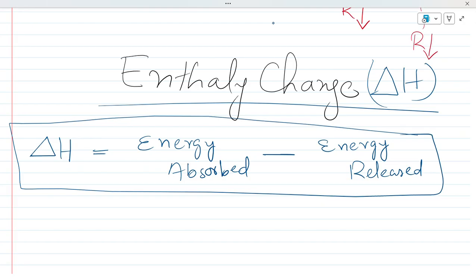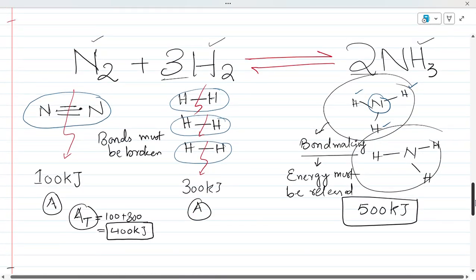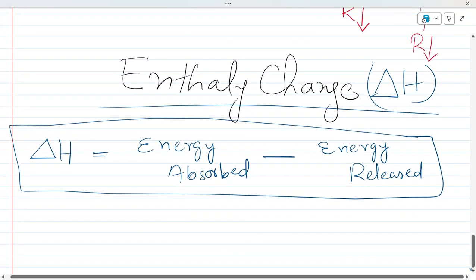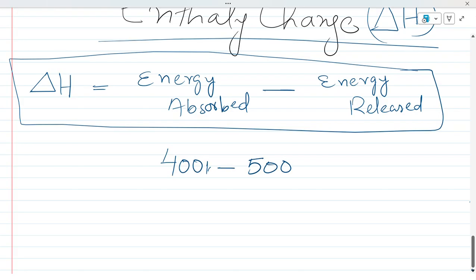So for example, for the ammonia reaction that we discussed, the energy absorbed value is 400 kilojoules and the energy released is 500 kilojoules. So let's use these values: 400 minus 500 kilojoules.